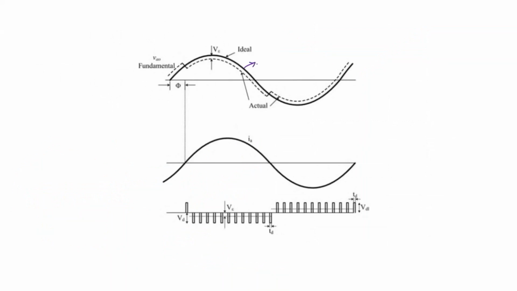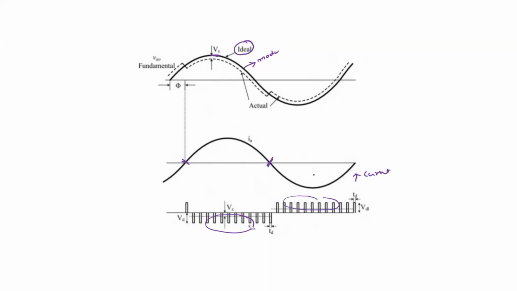We have the original modulating signal, or the ideal one, and we have the inverter current here. Based on the current, this is the positive current here, so you have negative pulses, or the error is negative here. For negative current, you have positive errors, or voltage gains here.